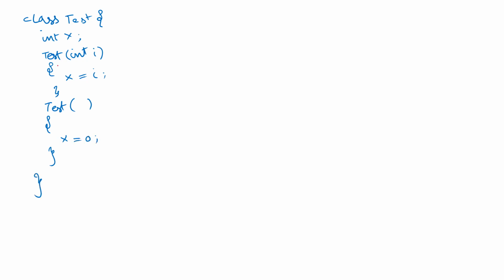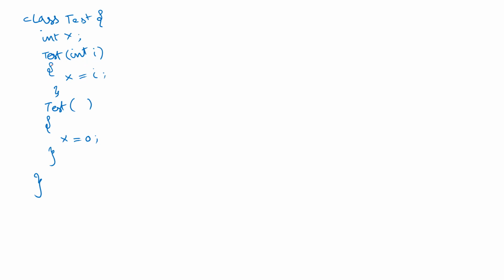Don't worry about these constructors. We will see what these constructors are in future videos, but for now just remember that a constructor will have the same name as that of the class. It looks like a method, but it will have the same name as that of a class, and the constructors will be invoked whenever we create an object. So just remember that one for now.